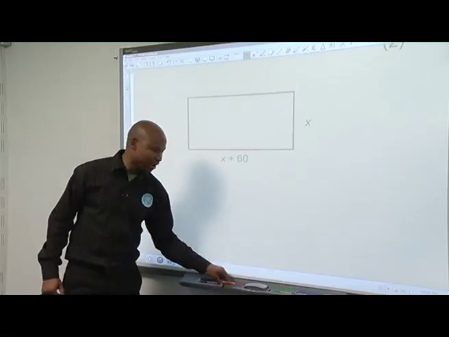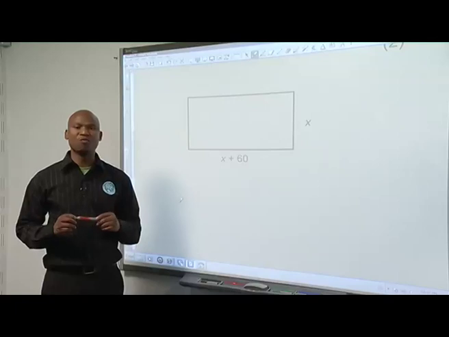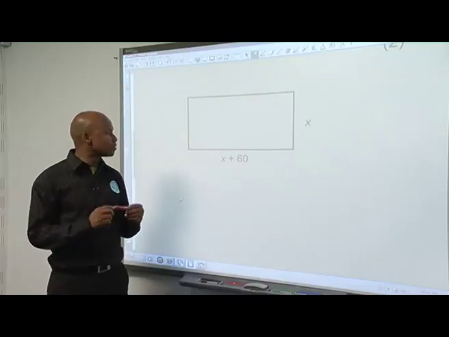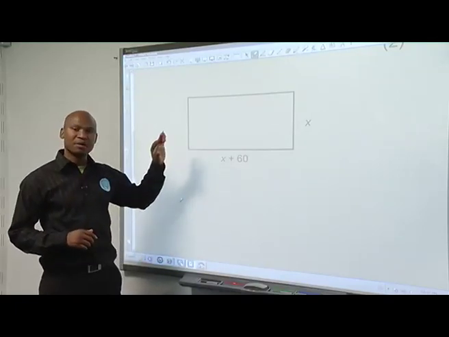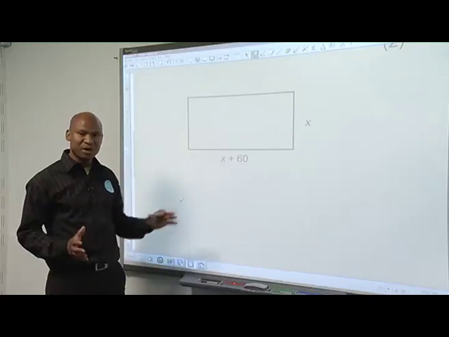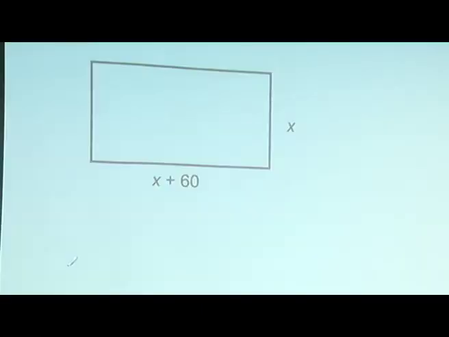Now how do we find the perimeter of this particular shape, which is our rectangle? Remember, the perimeter is the distance around that shape, which means we are going to add up all the distances.